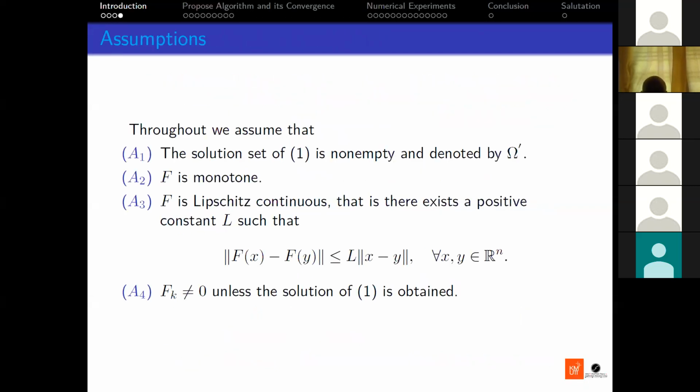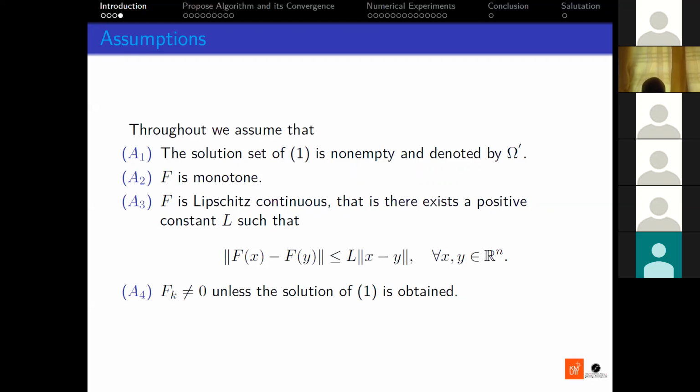Now, throughout this work, we assume the following. The first is that the solution of the problem 1 is not empty, and we denote it by omega prime. A2, the second assumption, is that f is monotone, which we already mentioned that the function needs to be.